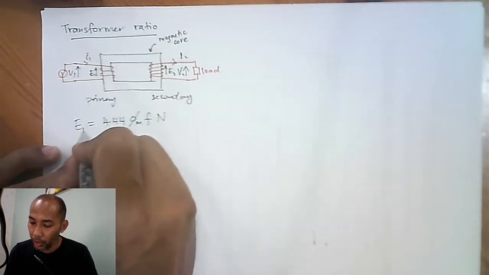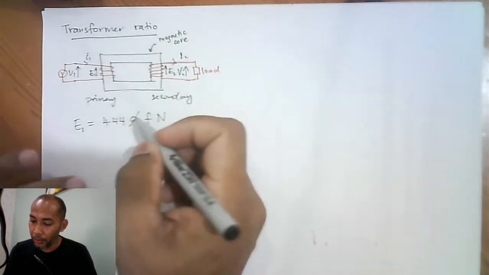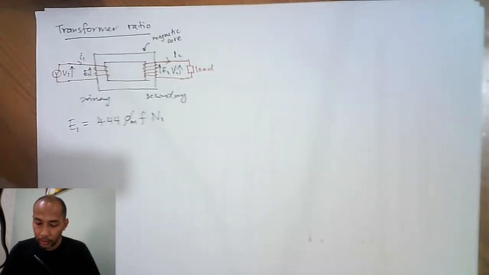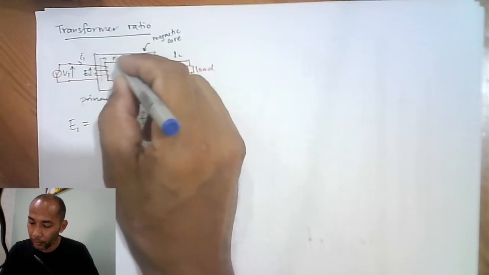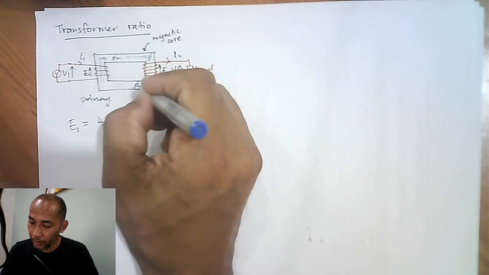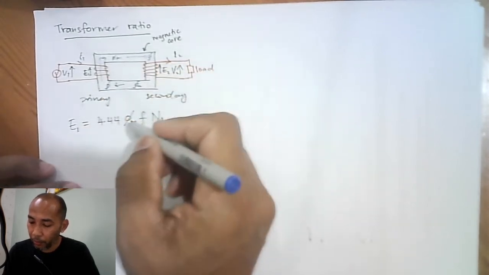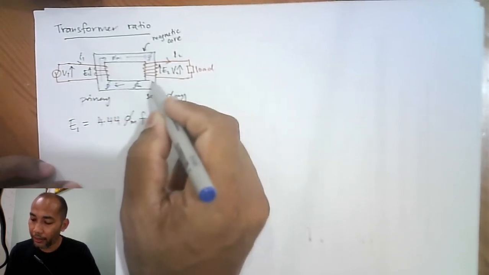So E1 is equal to 4.44 flux maximum, f, N1. We can see that the flux at the primary is the same as the flux at the secondary.